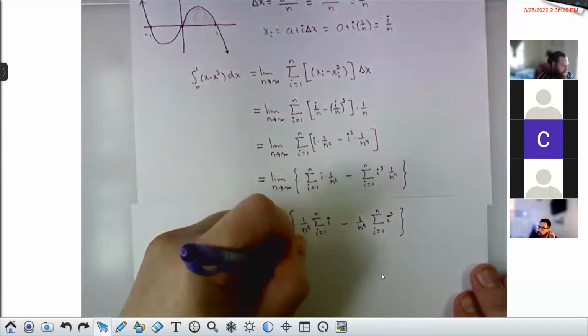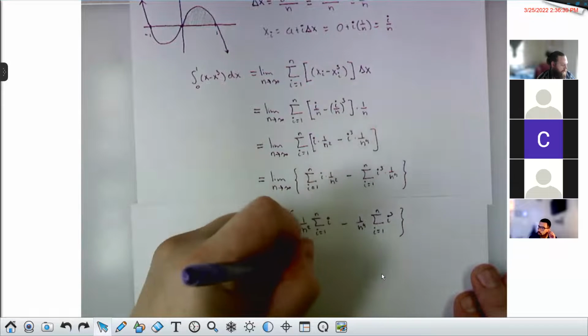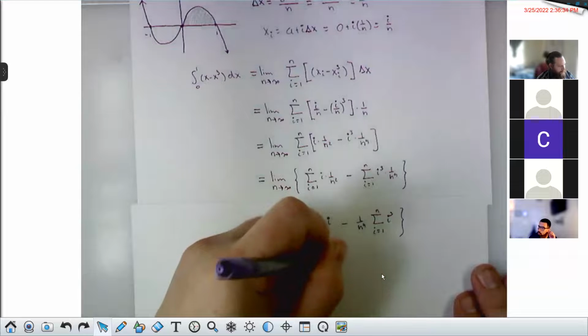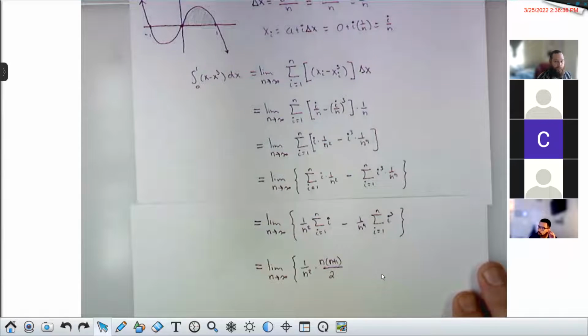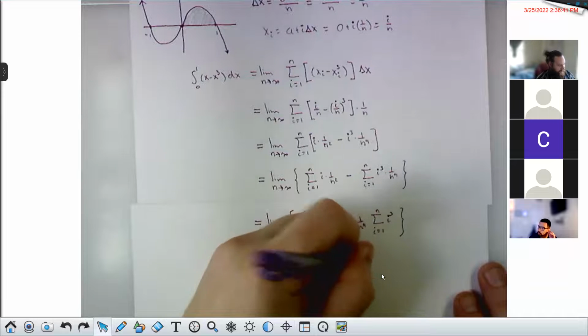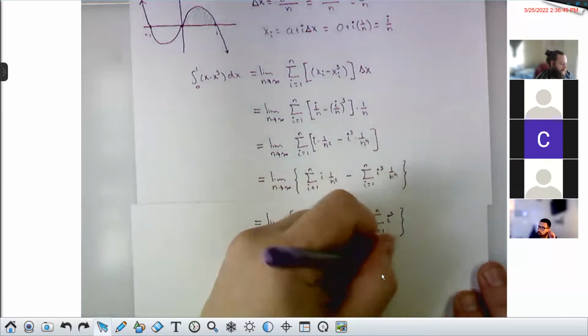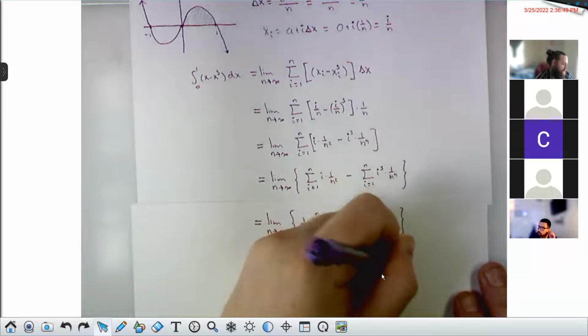Now, according to baby Gauss, the sum from 1 to n of i should be n times n plus 1 over 2. And the sum of the first n cubes is the square of that. That was that cube result.